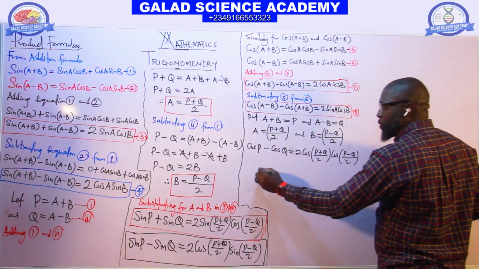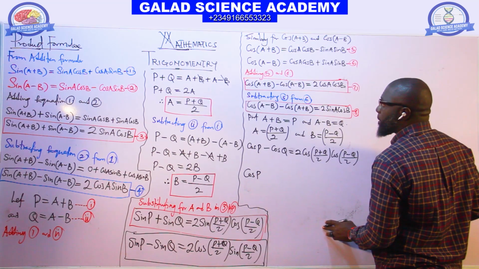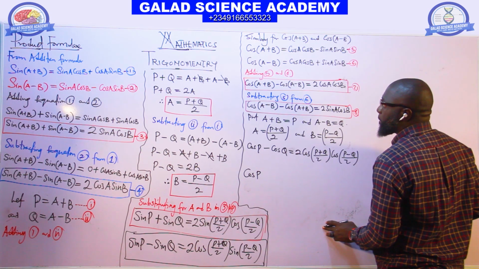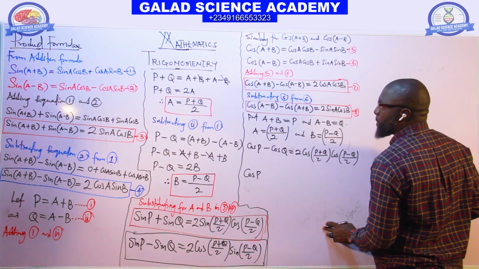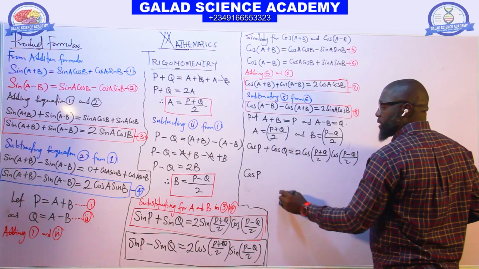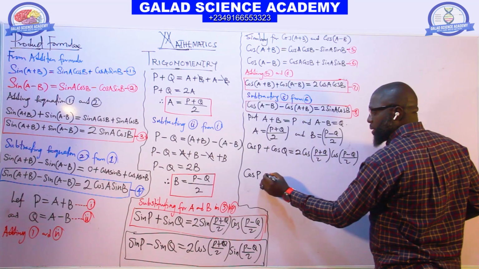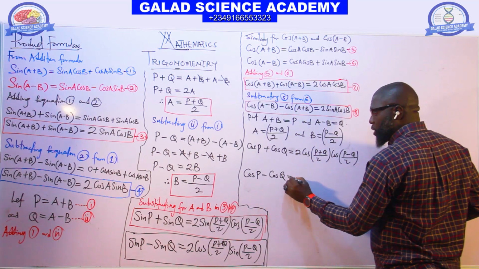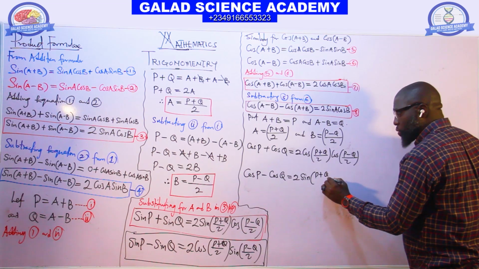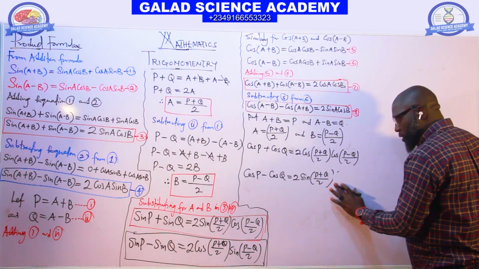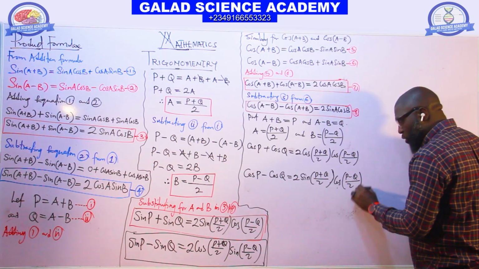For the second one, we have cos P minus cos Q. It will be 2 sin((P plus Q) over 2) sin((P minus Q) over 2).